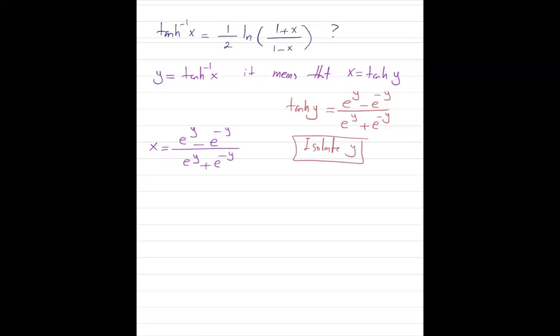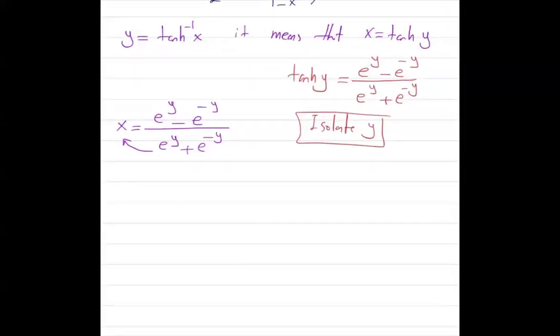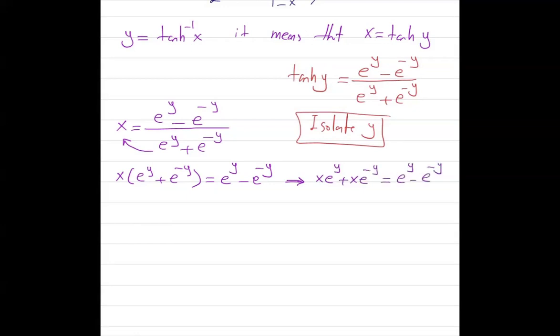We can do the cross multiplication. We can take this quantity and multiply it by x. You get x parentheses e to power y plus e to power negative y. On the right-hand side, we have e to power y minus e to power negative y. So x e to power y plus x e to power negative y equals to e to power y minus e to power negative y.